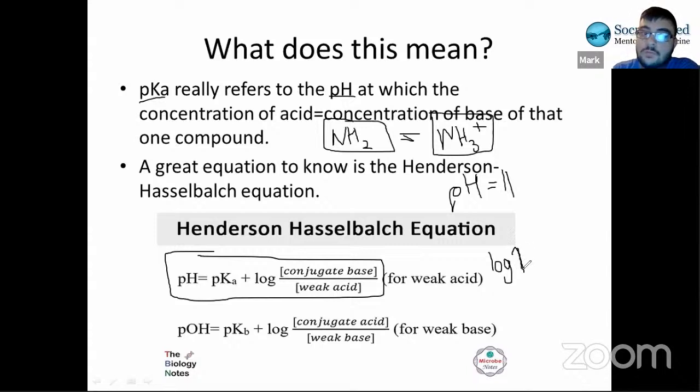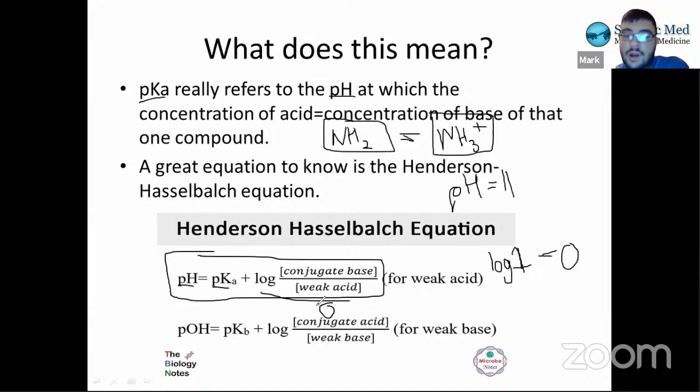You know that log of 1 is 0, so pH equals pKa plus 0. So pH equals pKa. That's how you mathematically prove it. This is also very helpful for determining pH if you know that there's more base or acid.